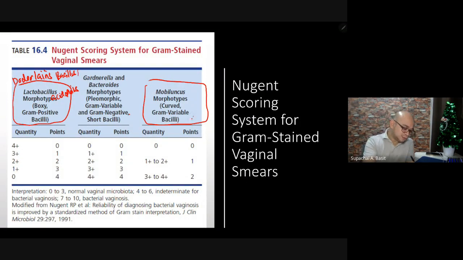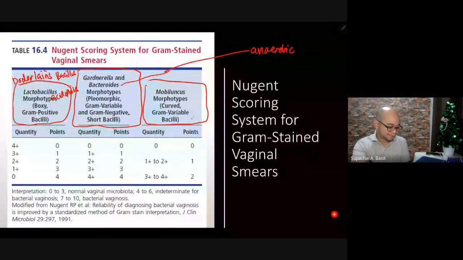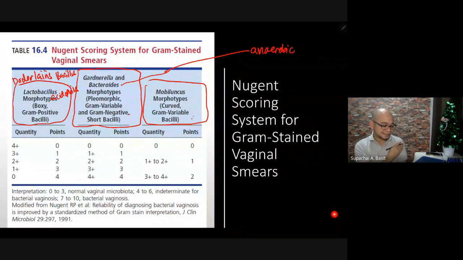What the women do not need in the vagina are the Gardnerella and Bacteroides. Gardnerella is gram variable and Bacteroides is the gram-negative short bacilli, and it is said to be anaerobic.